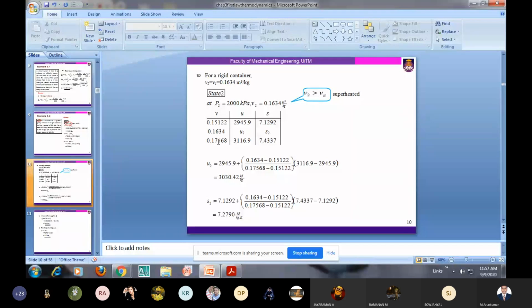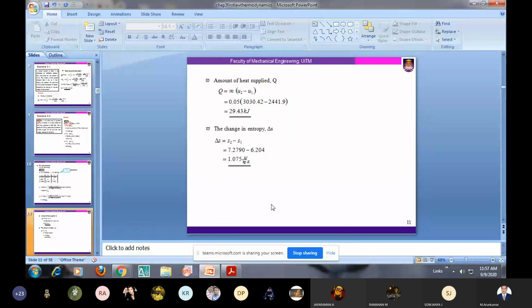So if you interpolate, we can get the value of U2, and similarly we can get the value of S2.